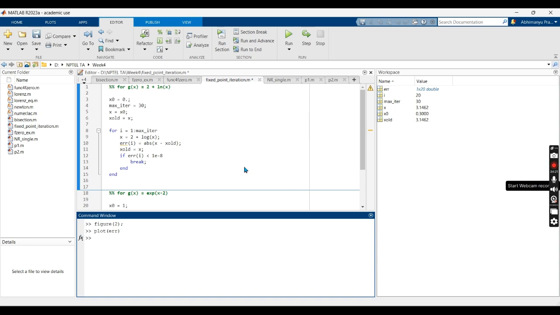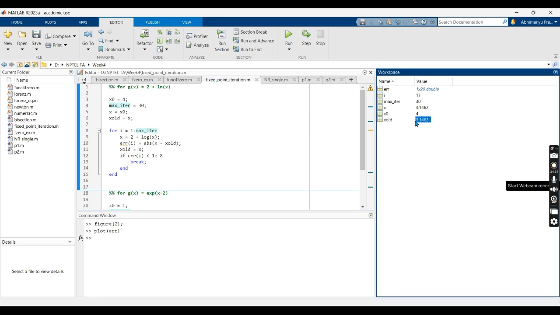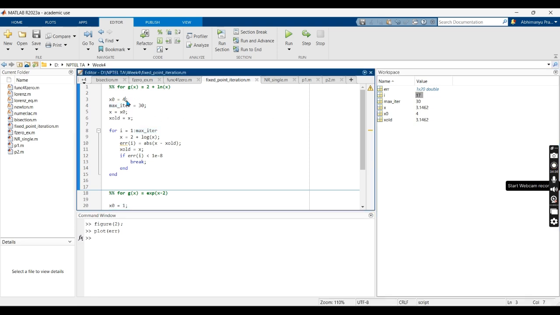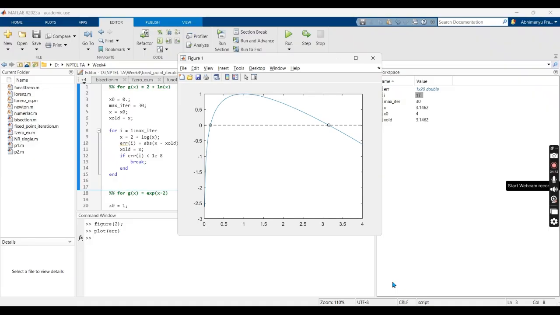If I take some initial condition which is 4, still it has converged to 3.1462, this time in 17 iterations. If I take something as 0, so our first root value is 0.158 over here.